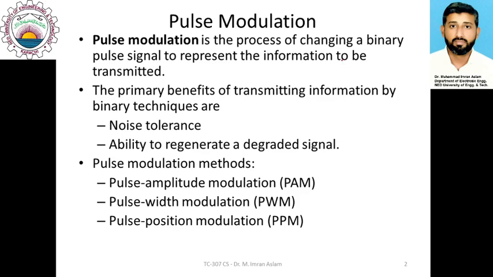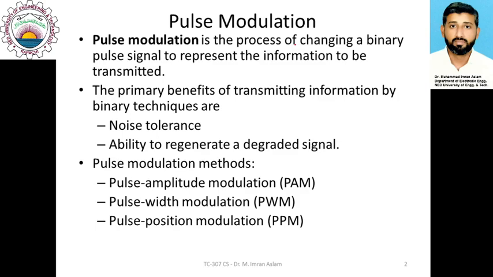In today's lecture, we will be starting our discussion with pulse modulation, which is actually related to M-ary signaling for representation of information in the form of pulses. So in pulse modulation, we change some parameter of the binary pulse in order to represent the information that needs to be transmitted.